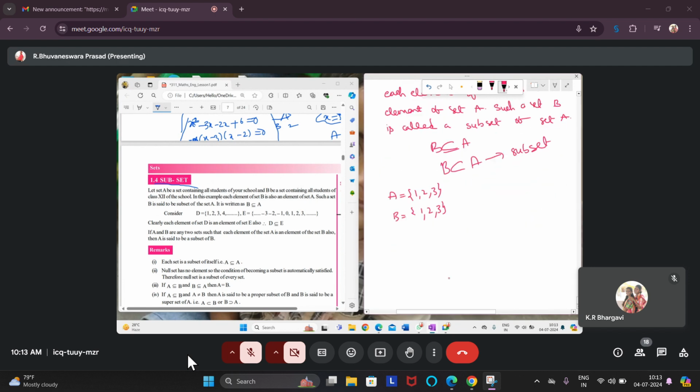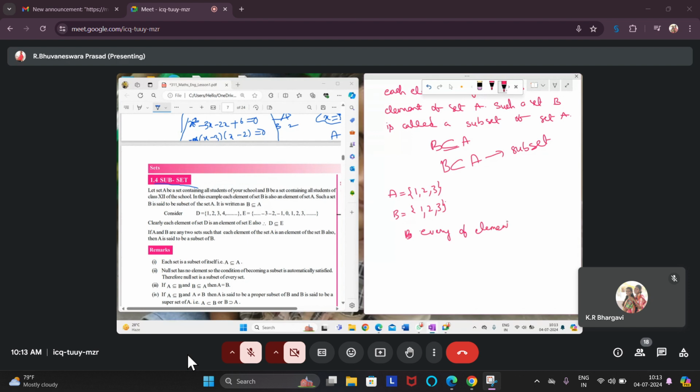In this set B, every element of B is also an element of A, right? So that's why B is a subset of A.